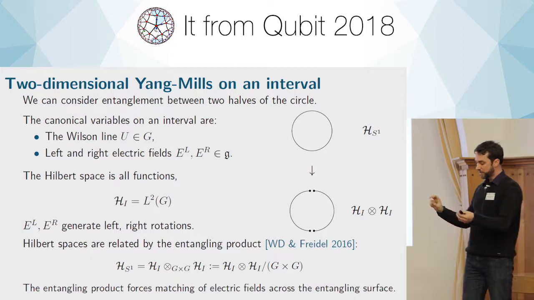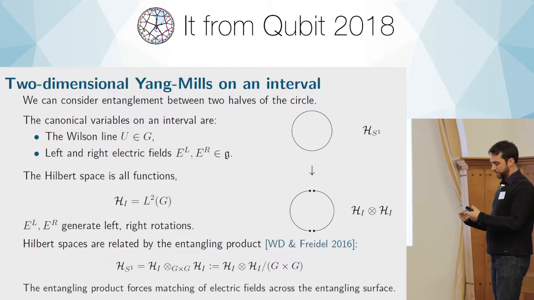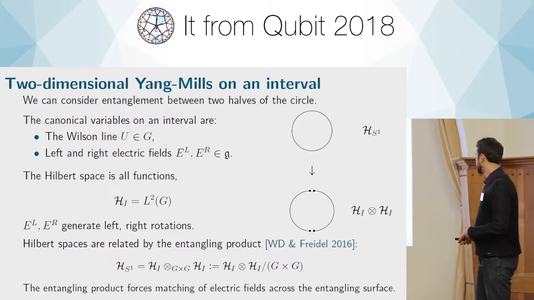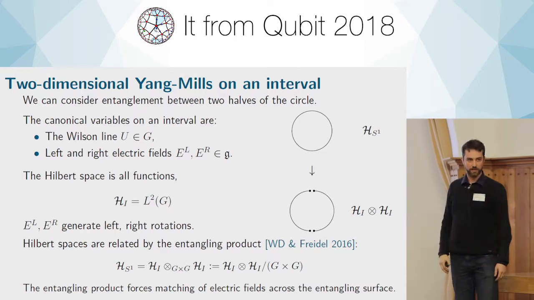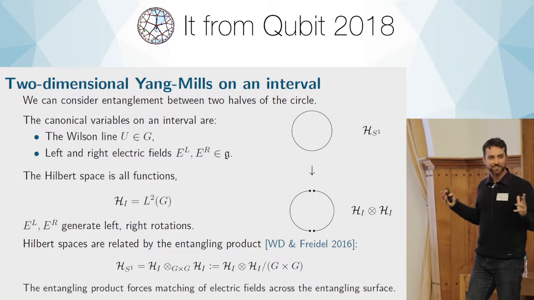The way you do it is that there are these leftover gauge transformations at the ends. So when you fuse the two Hilbert spaces together, you have to mod out by those. That's implemented as this quotient here, and we called that the entangling product, just to give it a name.